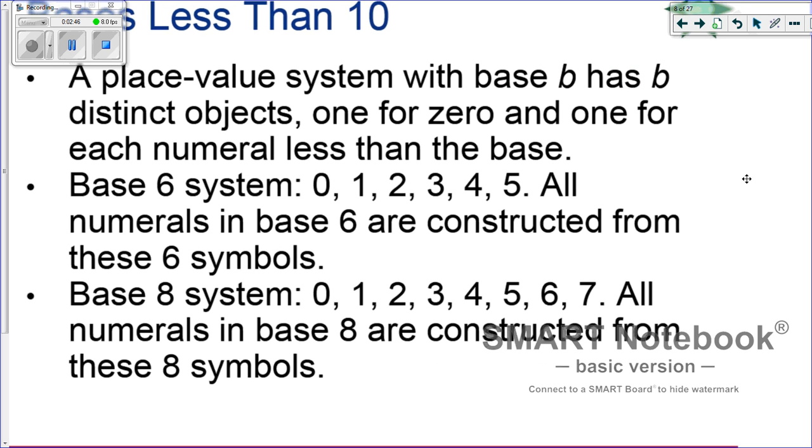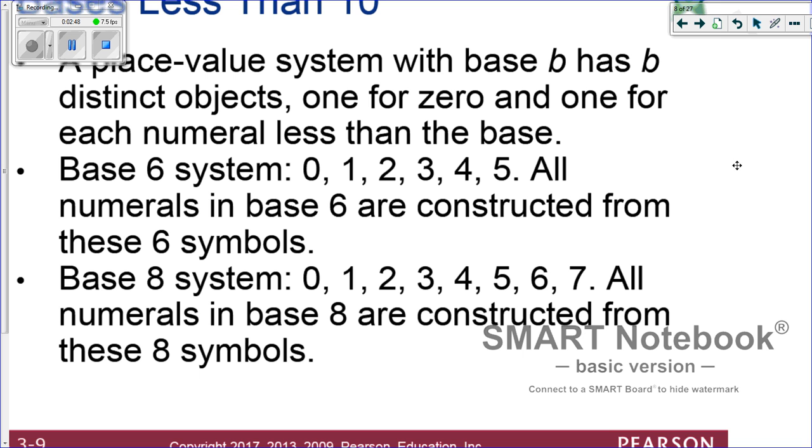Okay, so the place values depend on what the base is. If it's base 6, it can only use 0, 1, 2, 3, 4, 5. There's no 6. For base 8, it's 0, 1, 2, 3, 4, 5, 6, 7. So it's always one number less than what the base is, okay? Base 5 would only use 0, 1, 2, 3, 4. There would be no 5, because then you would go to the next column.